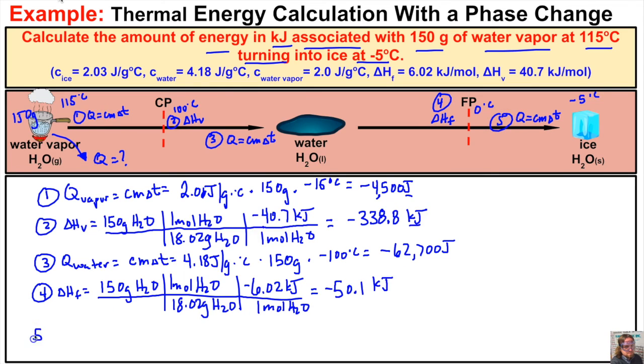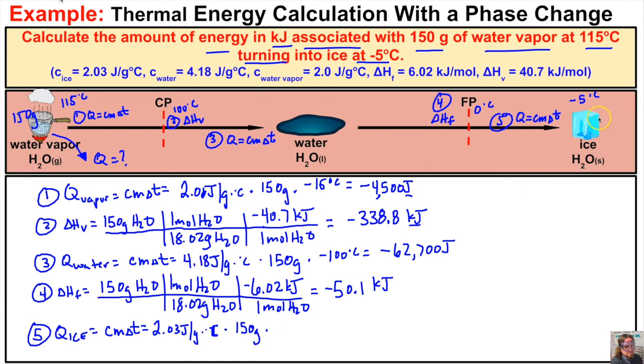In our fifth step here, we need to figure out how much thermal energy the ice is now going to have to release to go from 0 to negative 5. And so we'll use C times M times delta T here. Our specific heat capacity of ice is 2.03 joules per gram degree Celsius, times our mass. What is the mass of the water? It is 150 grams.